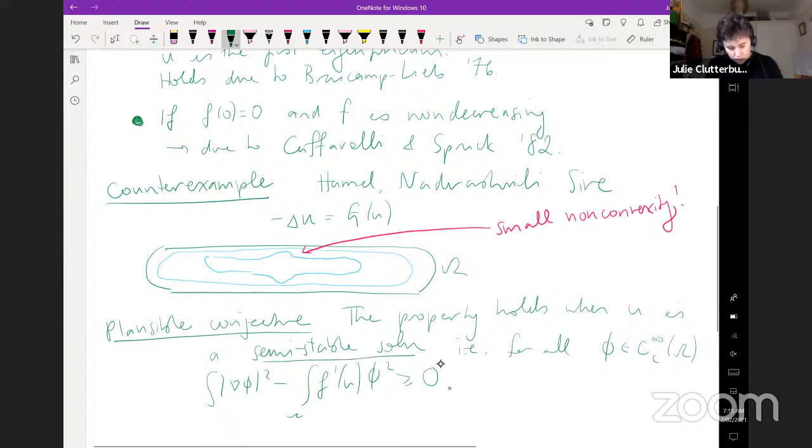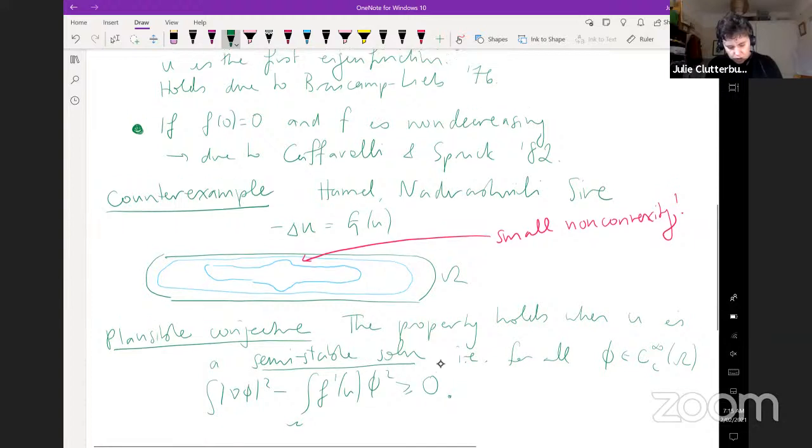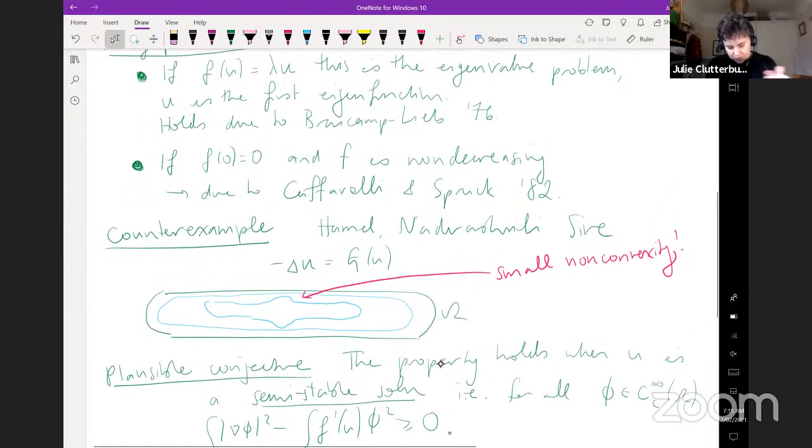And so the idea is that when this is kind of a variational solution, it sort of minimizes an energy, then you should get the property. And this counterexample doesn't satisfy that.